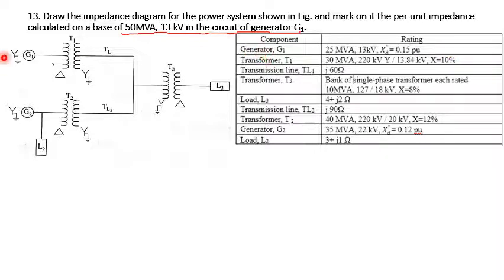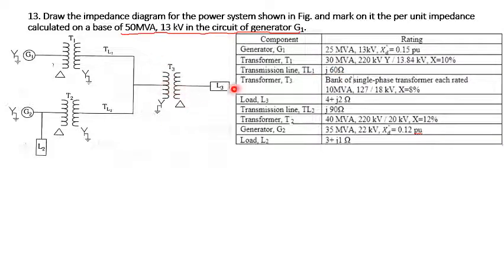Generator G1 is working at 25 MVA, 13 kV, subtransient reactance of 0.15. Transformer T1 is 30 MVA, 220 kV on the high voltage side, star connected, 13.84 on the delta side, reactance of 10%. Transmission line 1 has a reactance of 60 ohm.